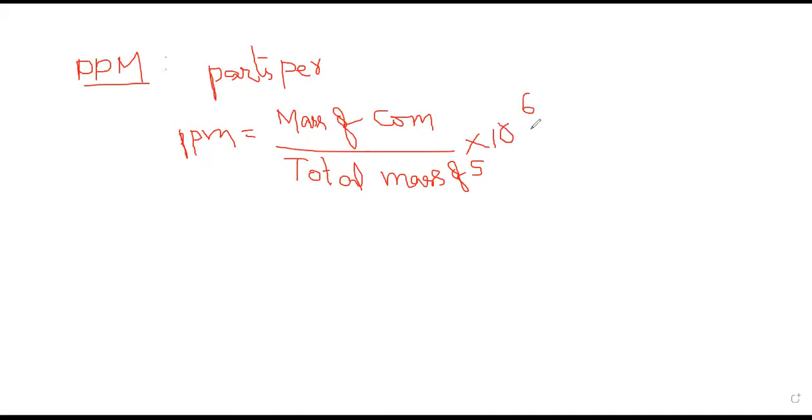What is taken is 10 to the power of 6, 1 million is taken here. Then it is called parts per million.